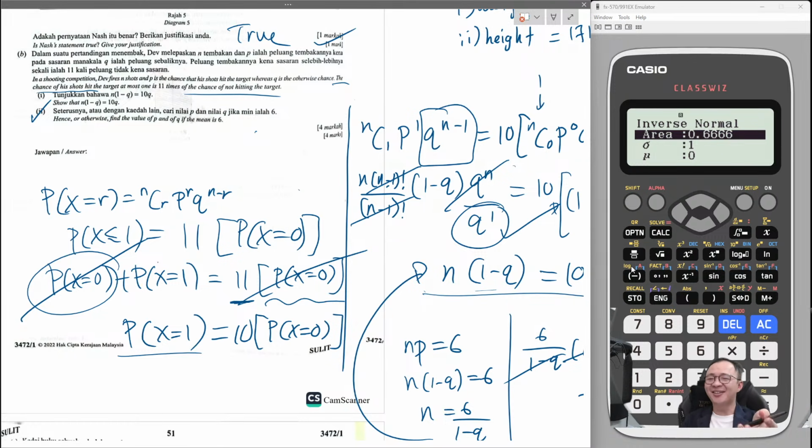Even if I send the question to you, and you read it 10 times, can you get it? If you couldn't get it, then this whole 4 marks is 0. After you get it, can you apply the formula and solve it? If you cannot, you also get 0 marks. Yeah, it's a KBAT question, but not super KBAT, still acceptable.